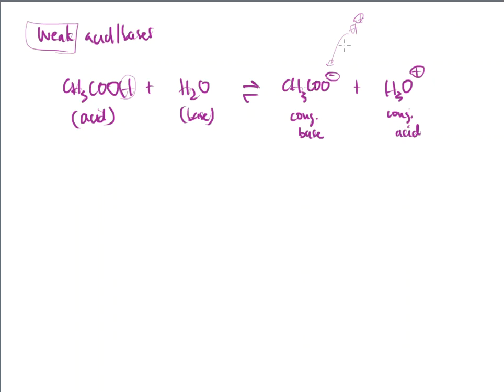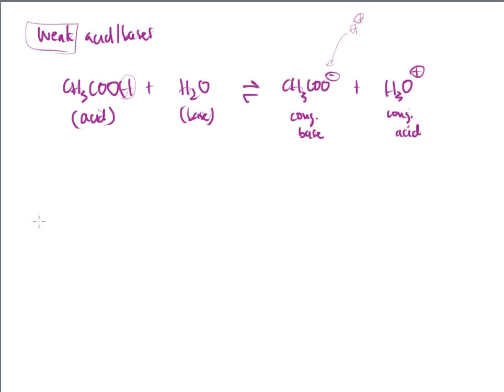And hydrogen moves back in and it reforms CH3COOH. That is the definition of a weak acid and a weak base. The weak acids and weak bases will accept the protons or donate the protons all over again, and they will continue to do it over and over and over.